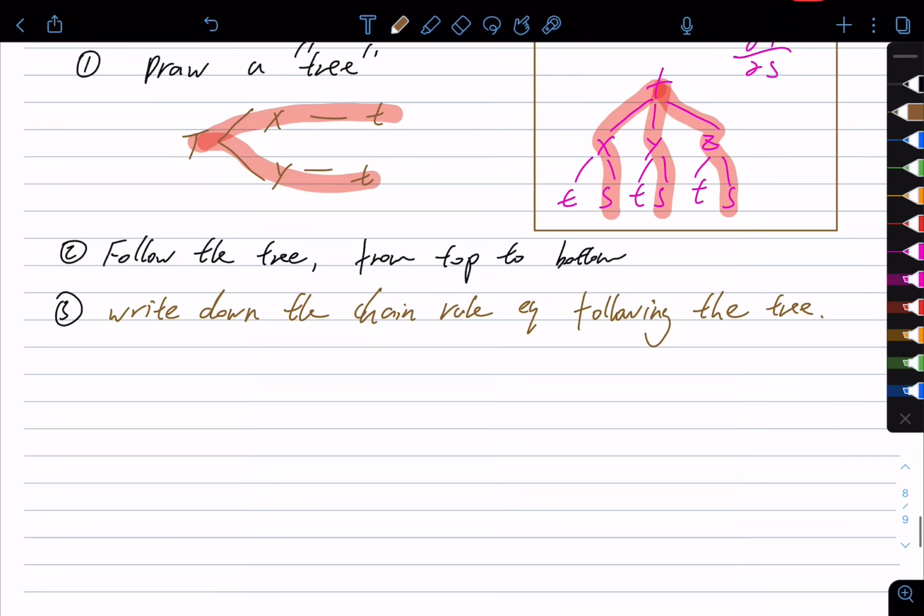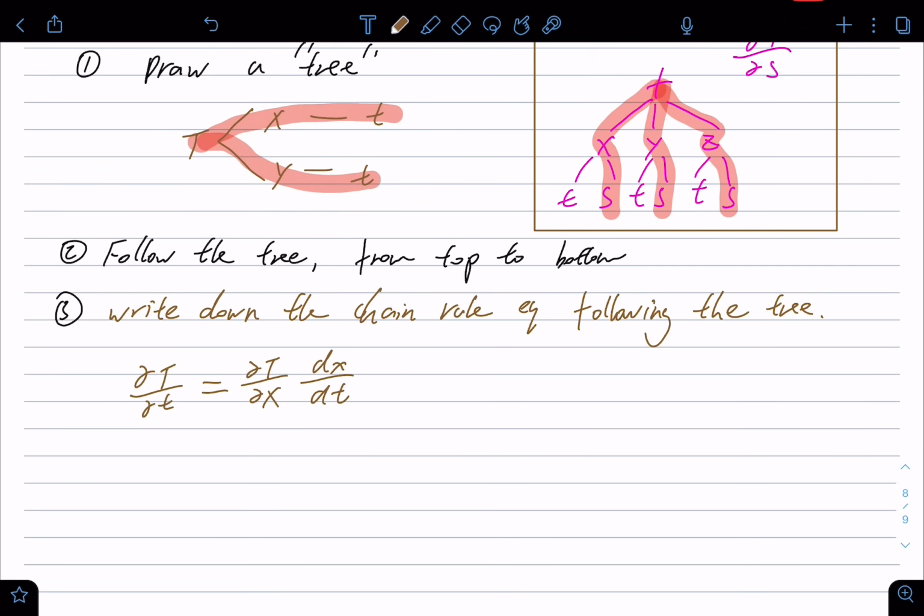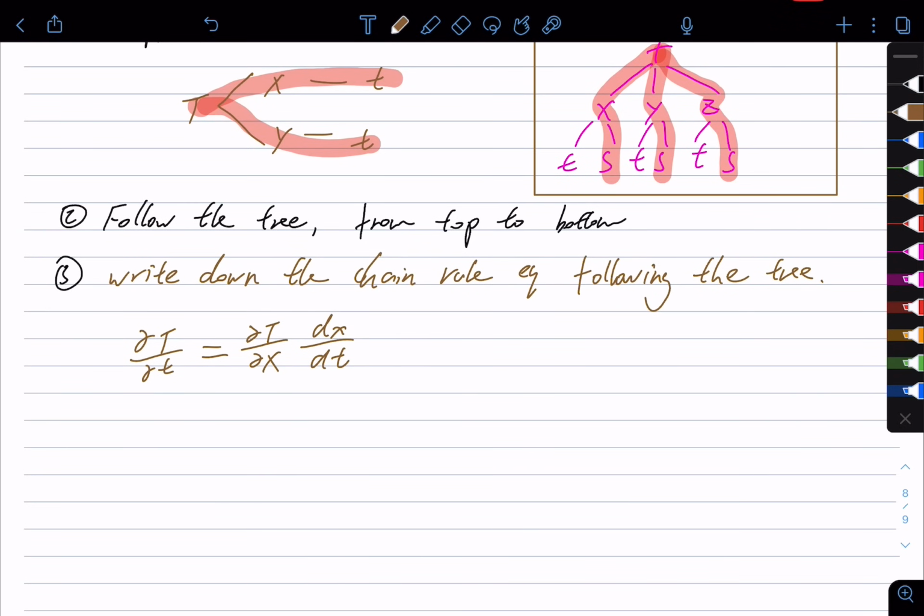So we're going to have df/dt equal to partial f partial x, because we went from f to x, and then from x to t, so we write down dx/dt. We do the same for the other branch, from f to y and from y to t, and I add a plus in the middle: partial f partial y, times dy/dt.